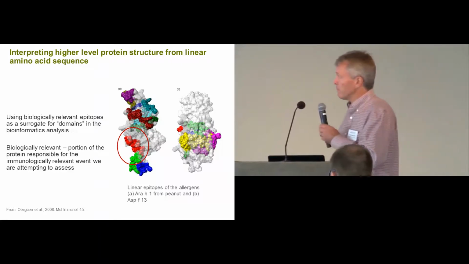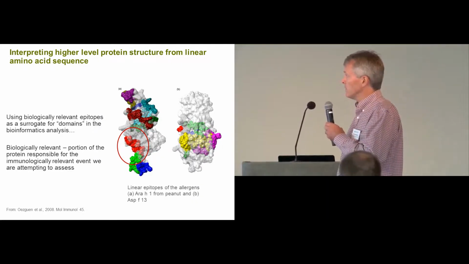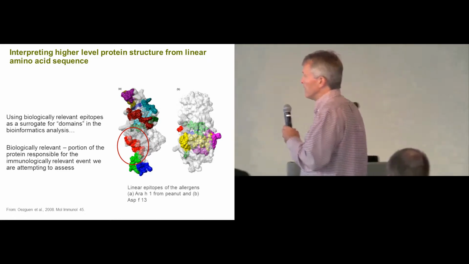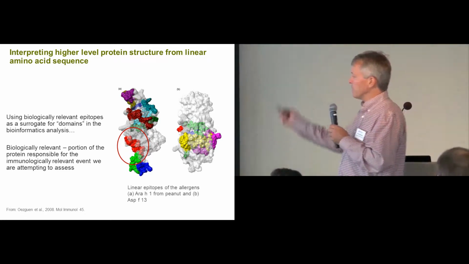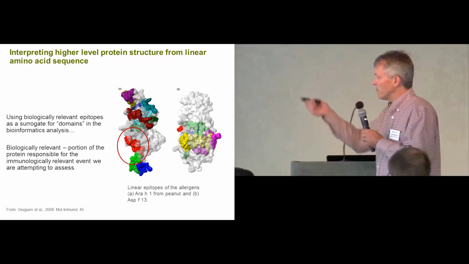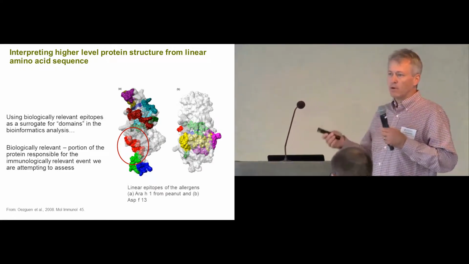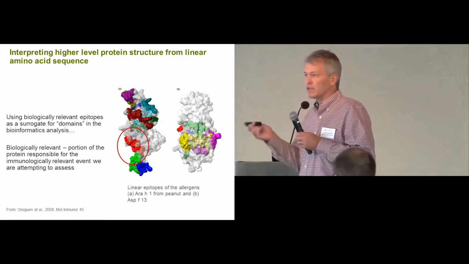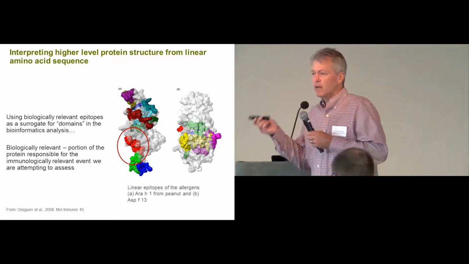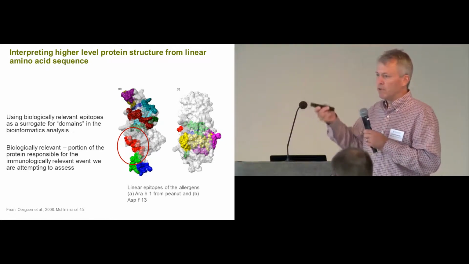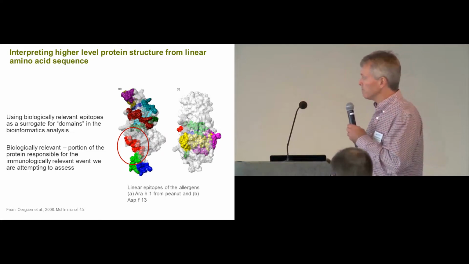Really what we're doing with these informatics is interpreting higher levels of similarity. And the premise that I'm getting at here is that we want to pay attention to the IgE-binding epitopes. Why? Because programs like FASTA and BLAST actually do a really good job, we know they do, of finding interdomains, if you will, within a larger protein.